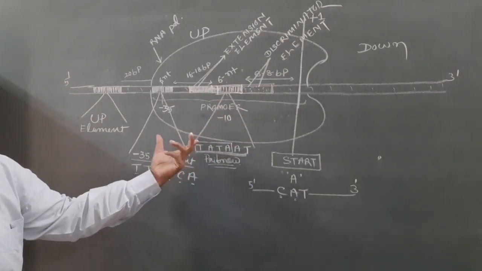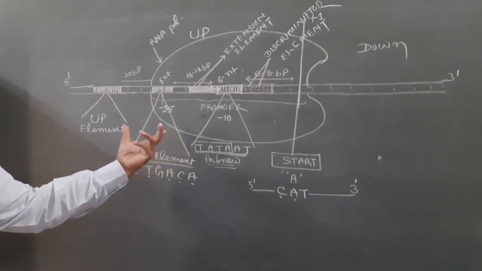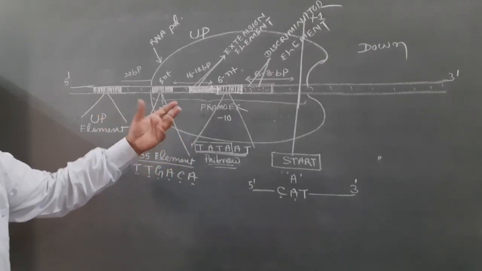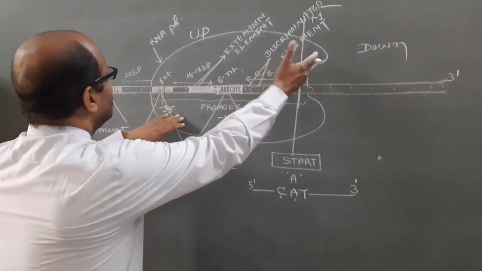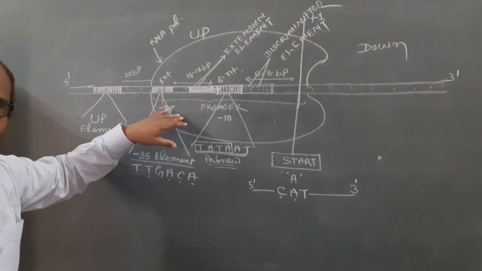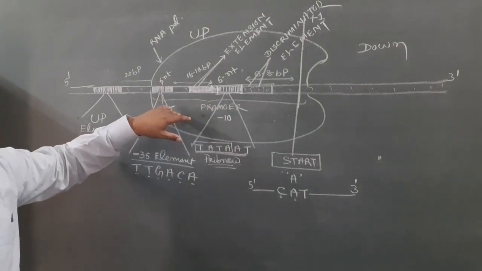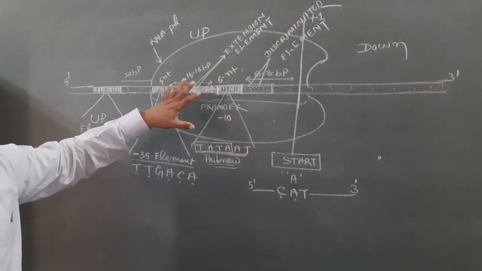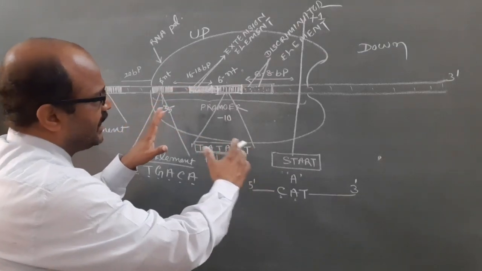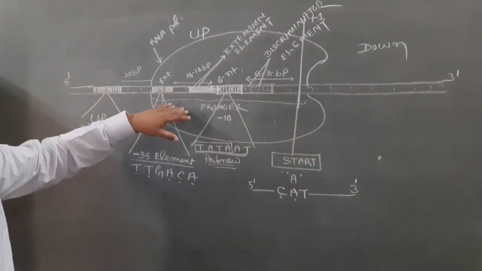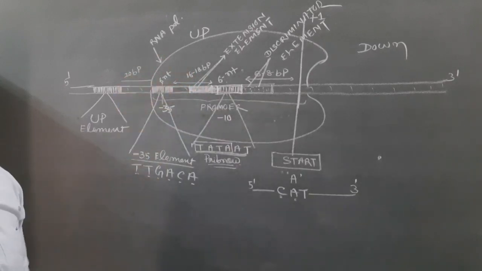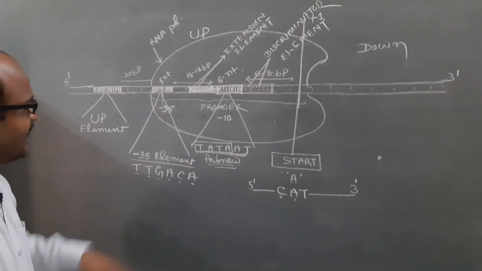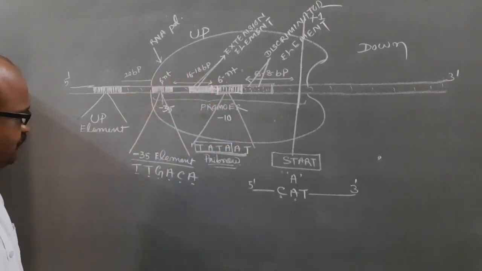And the second thing is how well the promoter binds with the RNA polymerase. And the third thing is how readily the RNA polymerase can leave the promoter region, and this is known as the escaping of the RNA polymerase.